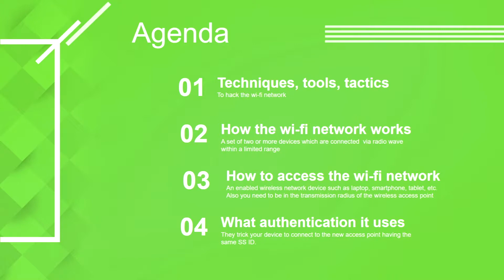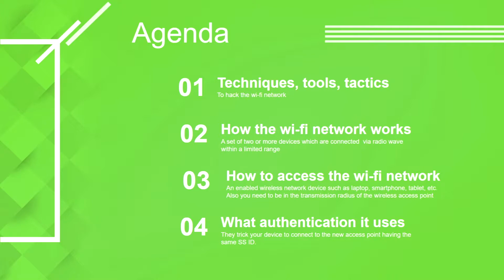You're gonna see the SSID, which is the ID of the specific network. Unfortunately, those IDs can be easily spoofed. It's pretty simple to change the SSID of a Wi-Fi network once you have access to the router or the access point itself.